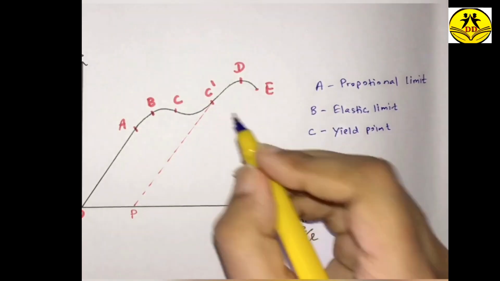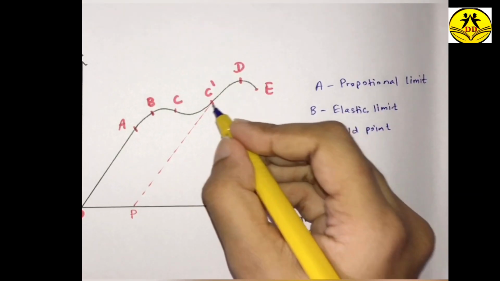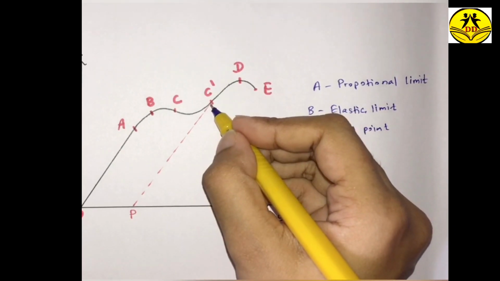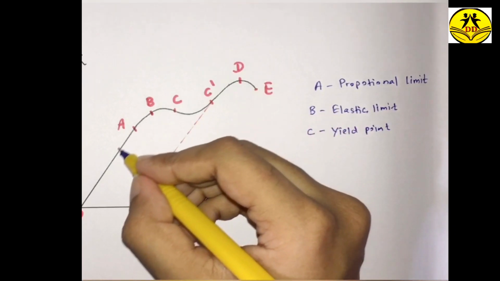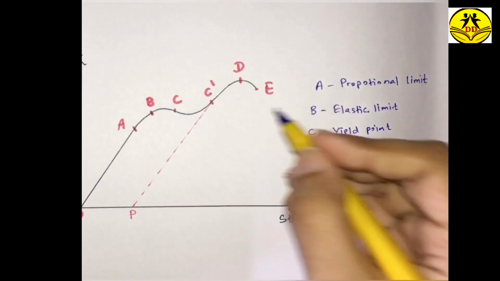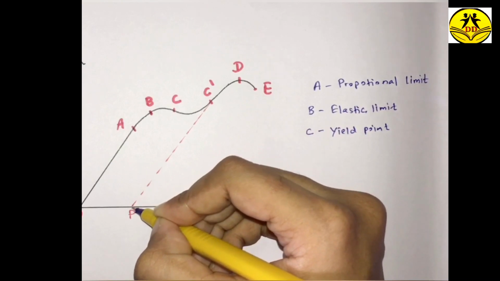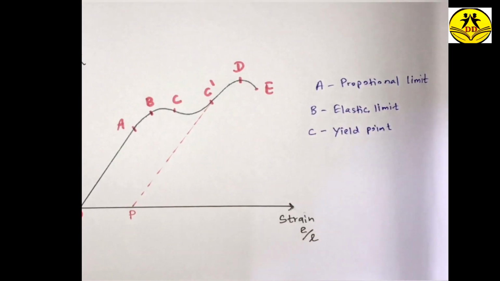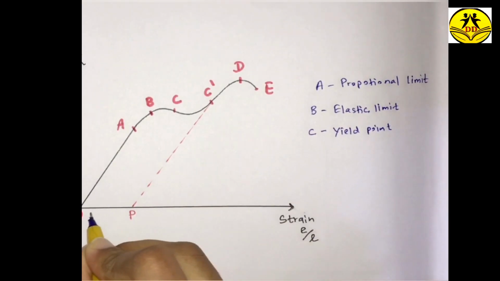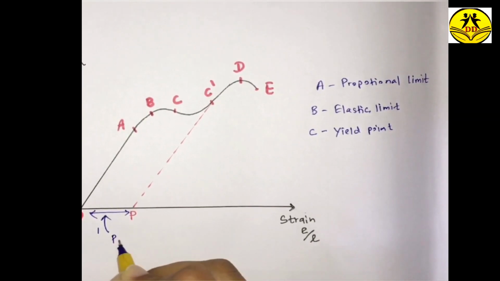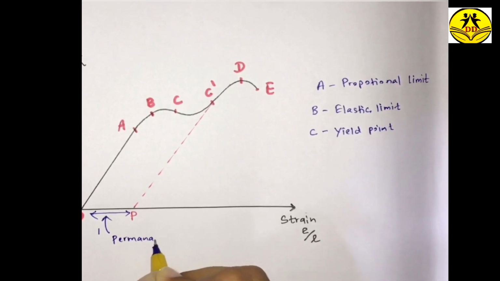When the force is removed at C dash, the string will not come back to its original position along the graph, but it will move along this dotted line and come to the point P and will show a permanent extension. This is the permanent extension.